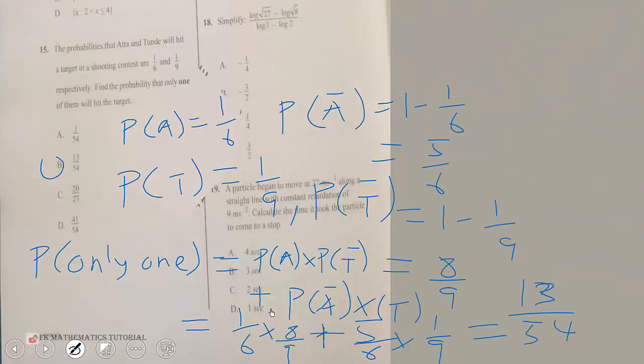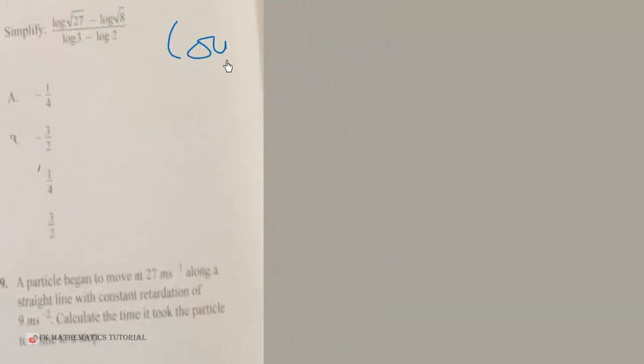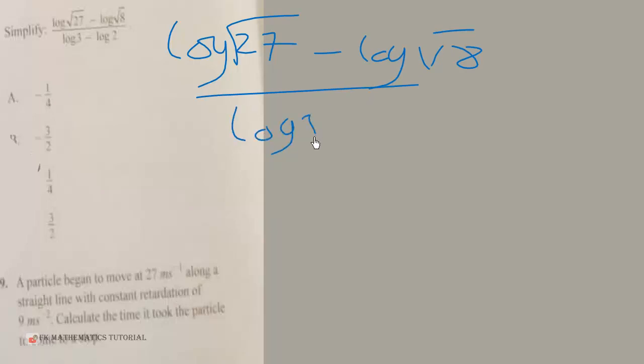Now let's look at question number 18. We have to simplify log square root of 27 minus log square root of 8, all over log 3 minus log 2.